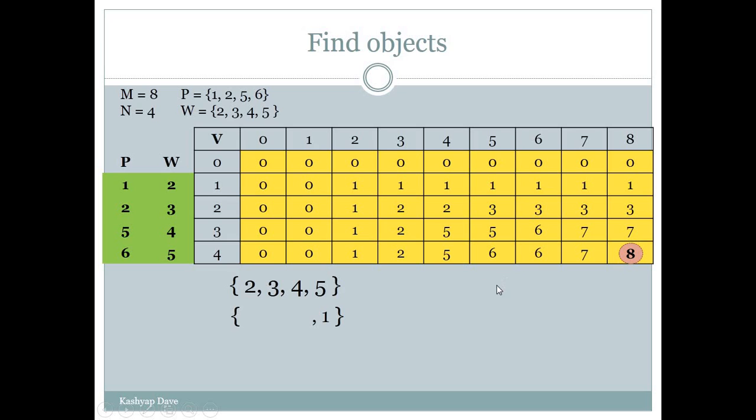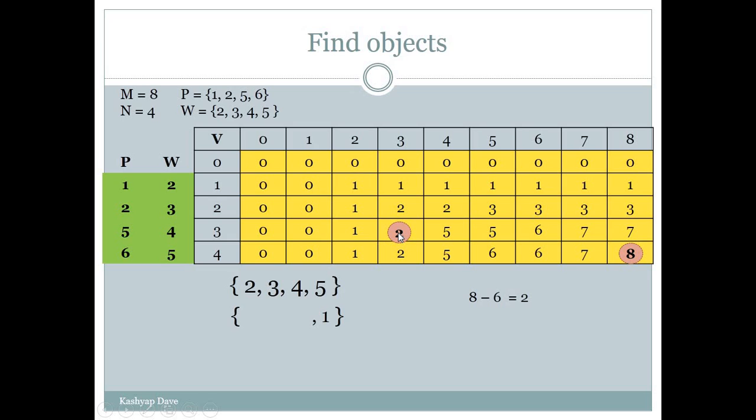Our maximum profit is 8, and by including this item we get a profit of 6. If we subtract this item's profit from the maximum profit, 8 minus 6, then the remaining profit will be 2. For the remaining profit 2, if we check in the above row, 2 is available.